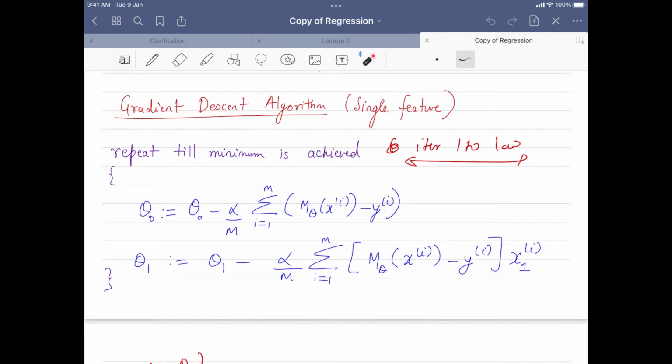It performs faster computation if you provide things in the form of matrices. So we will see whether we can remove this summation and implement this expression in the form of matrix multiplication.